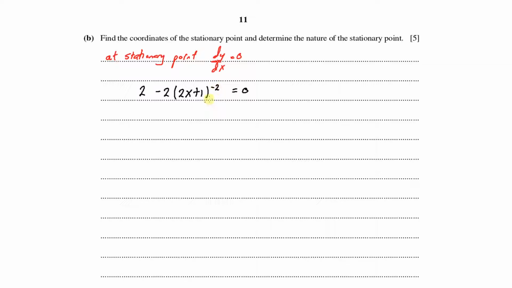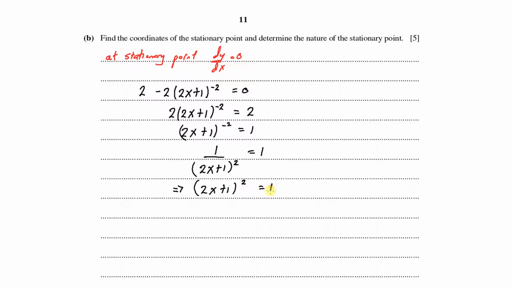I can rearrange this to 2 of (2x plus 1) to the power of minus 2 equals 2. Dividing both sides by 2, (2x plus 1) to the power of minus 2 equals 1, which is the same as 1 over (2x plus 1) squared equals 1, and the same as (2x plus 1) squared equals 1.